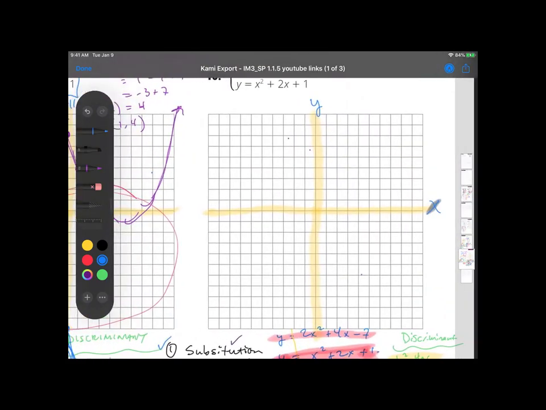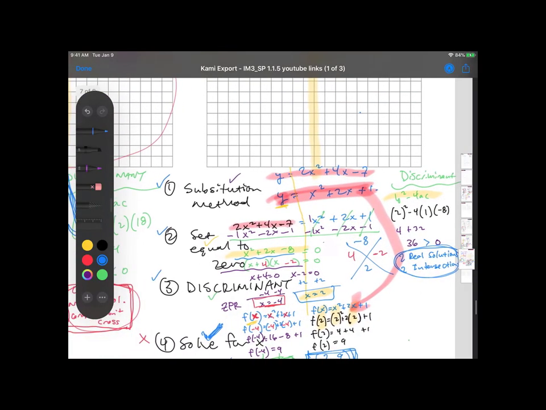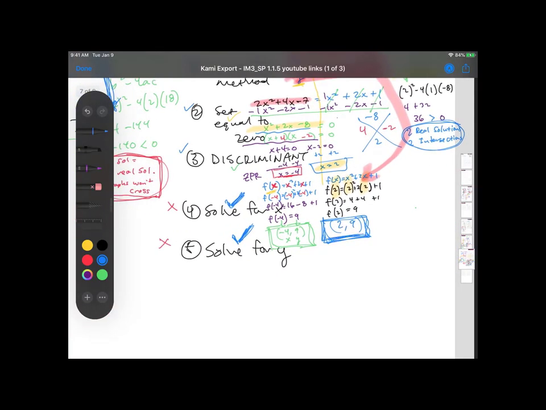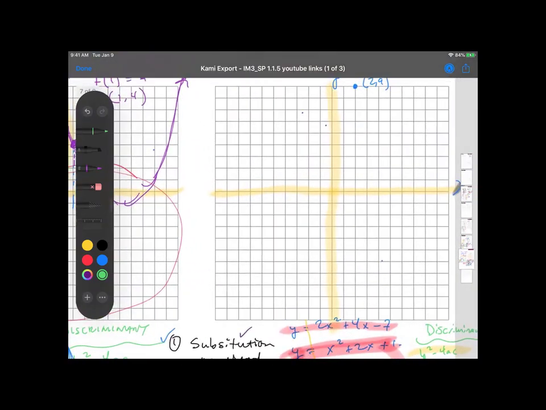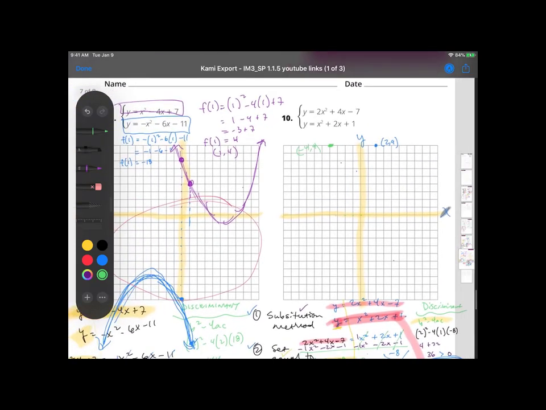Right 2, up 9. 2, 4, 6, 8, 9. And the other one, so we just did this one. And then the green, negative 4, 9. Negative 4, 9. 0, negative 1, negative 2, negative 3, negative 4, right there, okay? So I know my graphs have to go through that point, okay?